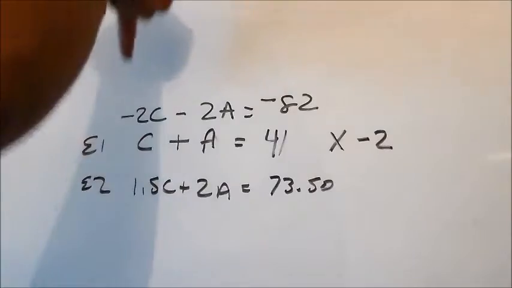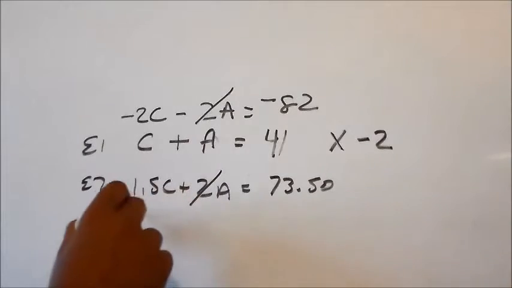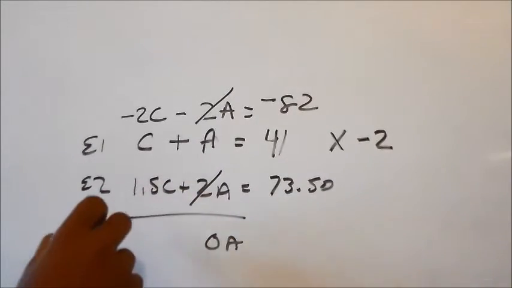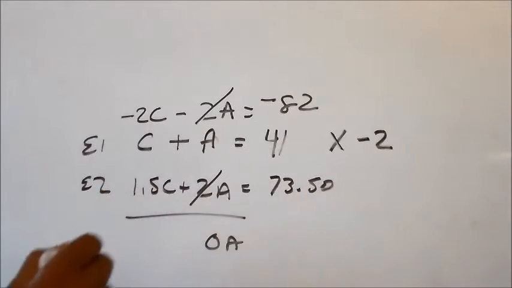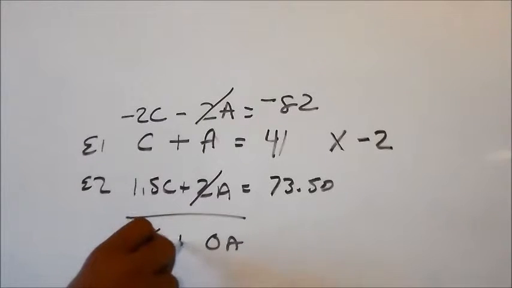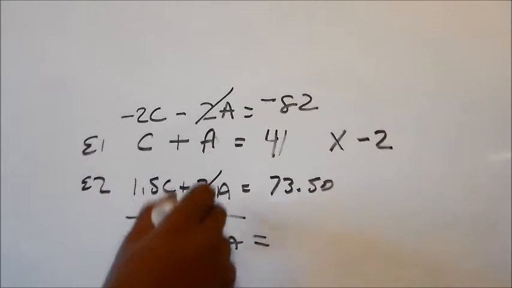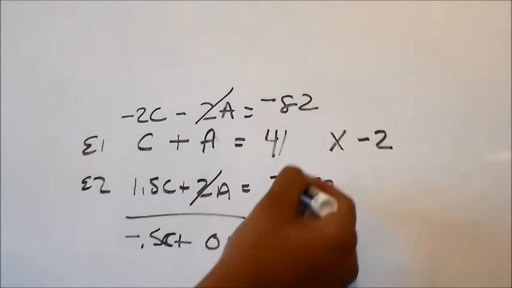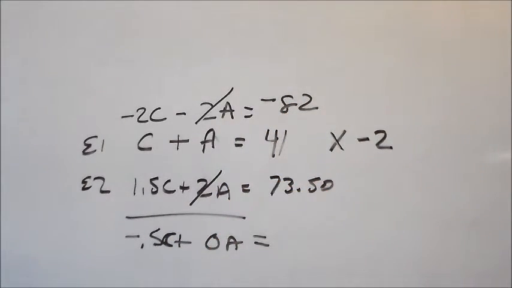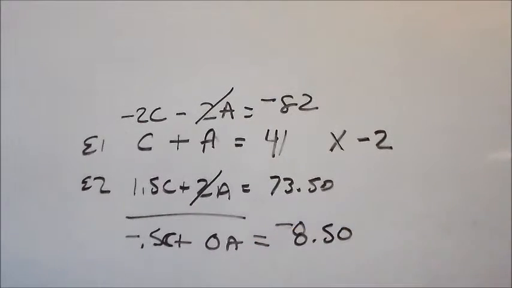So we add down. The 2A and -2A give 0A, and 1.5 minus 2 is -0.5, so we have -0.5C. Then we take -82 and add 73.50, you can use your calculator, and we come up with negative $8.50.